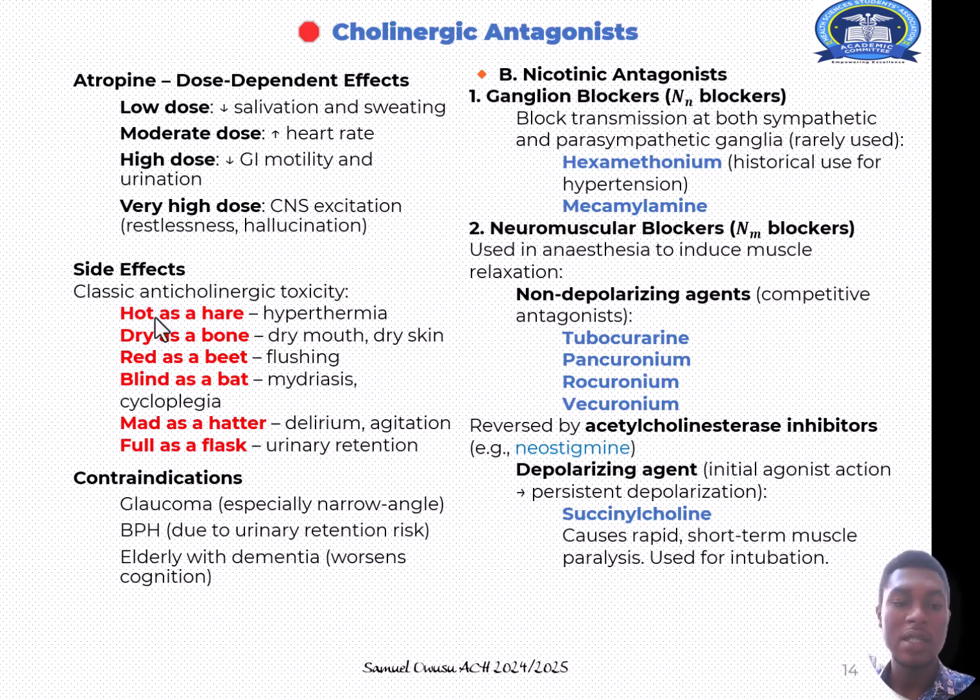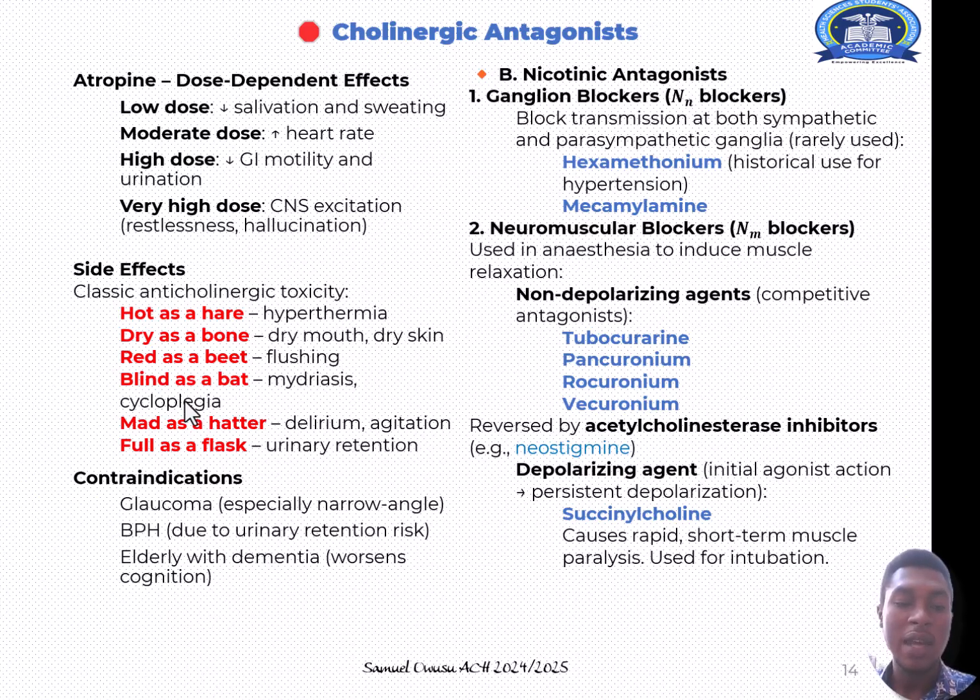remembered using these mnemonics. So hot as hell, which is hyperthermia, dry as bone, so dry mouth, dry skin, red as beet, which is flushing, blind as bat. There's mydriasis. Remember we said that the parasympathetic nervous system tends to cause miosis, where the pupils would constrict. Now pupillary dilation is termed what?